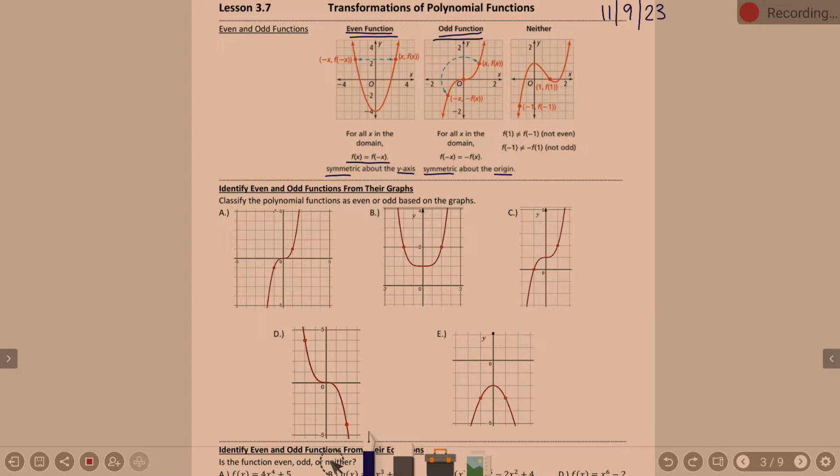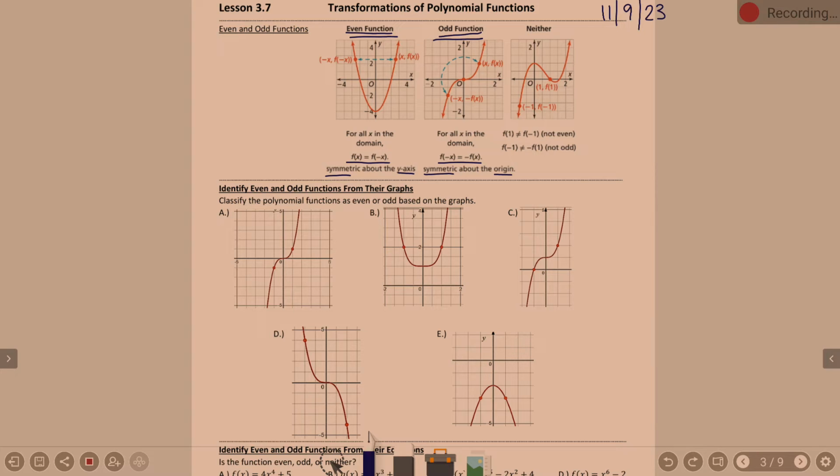I also talk about it being two reflections, like reflecting across both axes: reflect across the x, reflect across the y. Or f of negative x equals negative f of x. That's the other piece there.